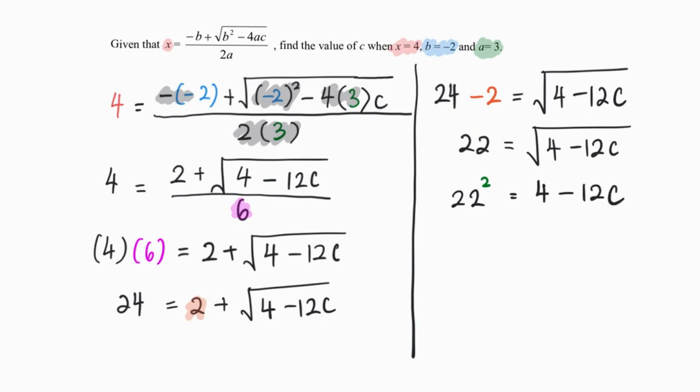Okay, 22 square would be 484. And you will see that at this point, right, I would then minus 4 on both sides, and left with negative 12c.